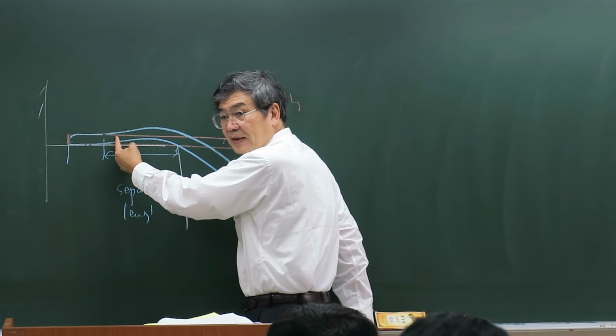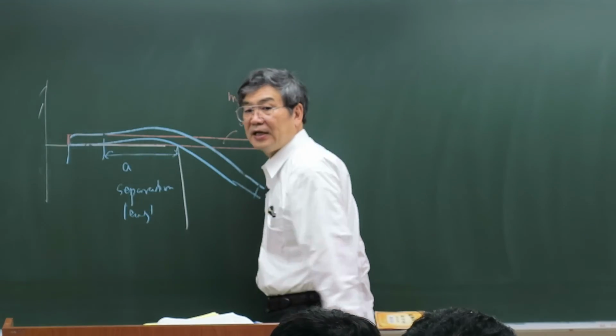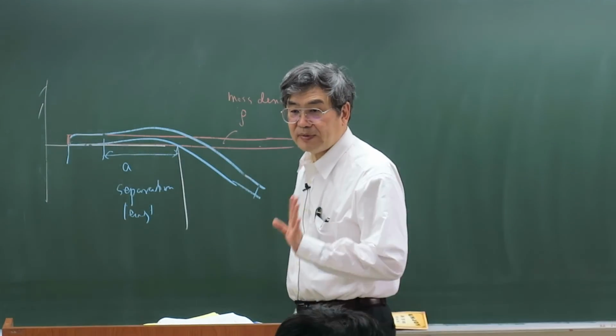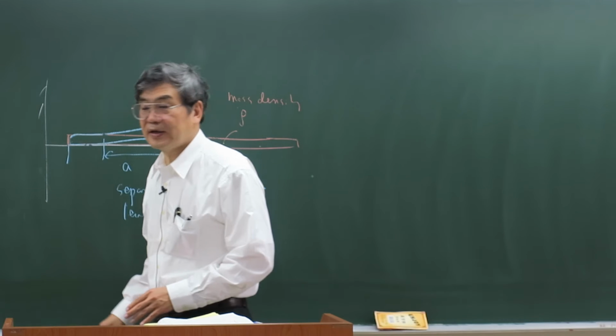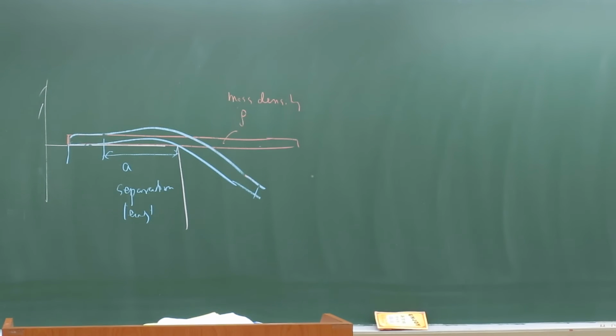That means the bending moment is 0 here, so from the balance you can see. And for this part, the curvature is matching with R. The curvature is 1 over R, because 1 over R of the radius of curvature is the curvature, right? So just use this kind of concept to do this problem.